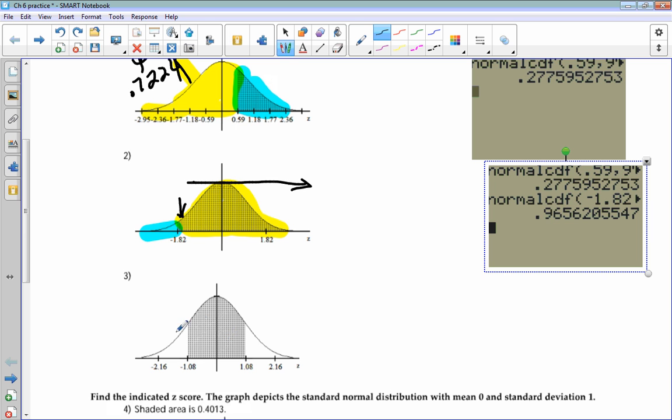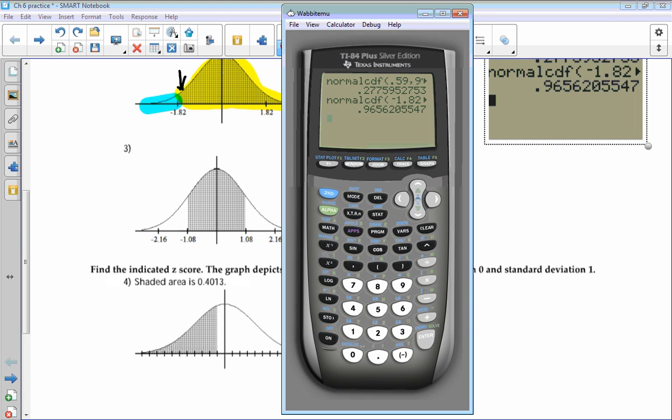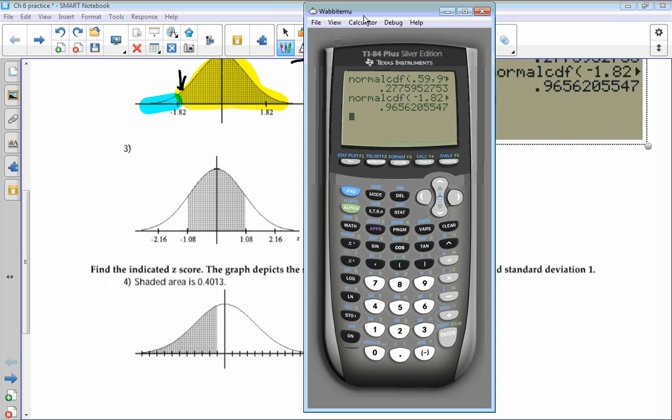Finding this area in number 3, we're going to use the same method. We're going to get that calculator. You can see we're going to use the calculator a whole lot today. I want between negative 1.08 and positive 1.08. So again, I'm just going to go to my calculator, put in my negative 1.08 as my lower end, my upper end being positive 1.08.